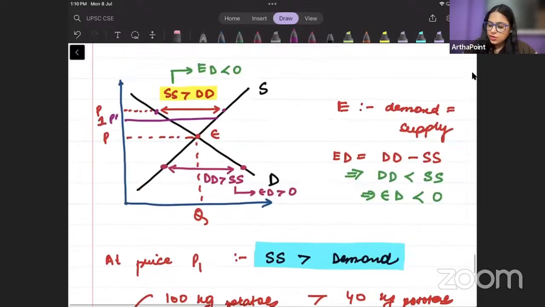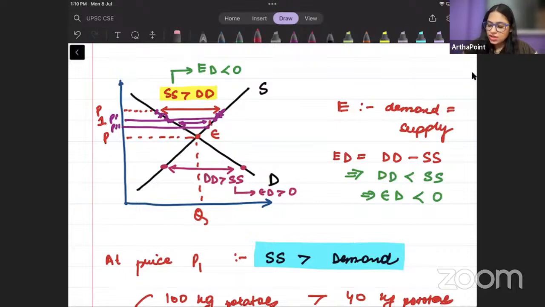We are reducing the supply because price has fallen, increasing the demand, moving along the demand curve, and this gap will fall. Now also supply is more than demand, so the producer will lower the price further. When price is lowered further to P double dash, supply will be this much and demand will be this much. And this will continue.